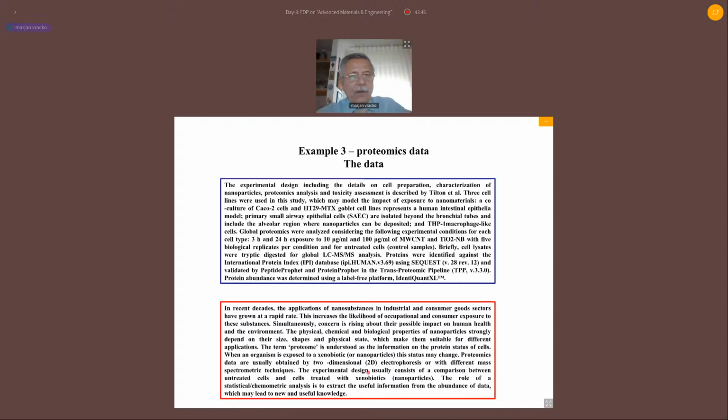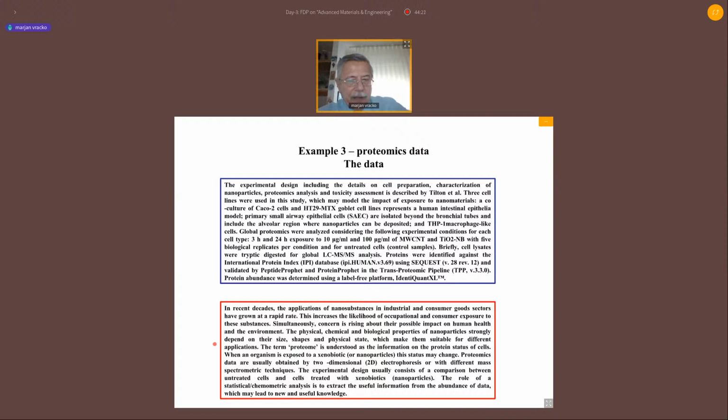What is the problem of proteomics data? The aim of this study was to study the potential hazard of nanoparticles. We know that in recent years, the application of nano-substances is growing in industry and in consumer goods, and therefore people are exposed to nanoparticles.